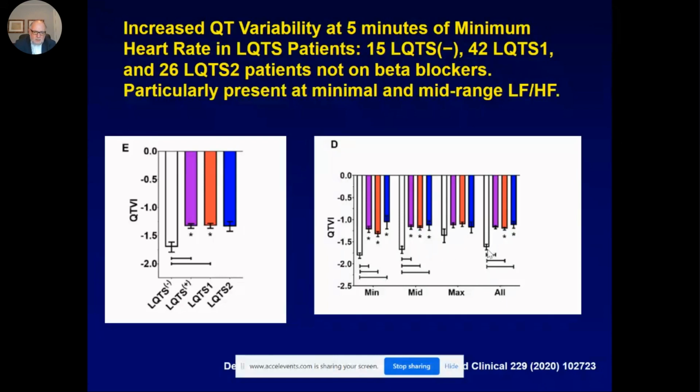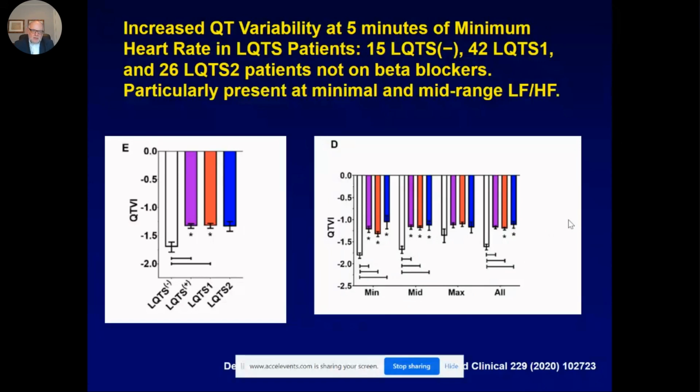And what we could see is that depending on the heart rate, minimum, mid, max, you may have more variability at minimal or mid heart rates versus max heart rates in long QT patients versus healthy.